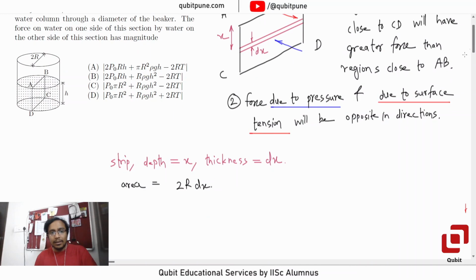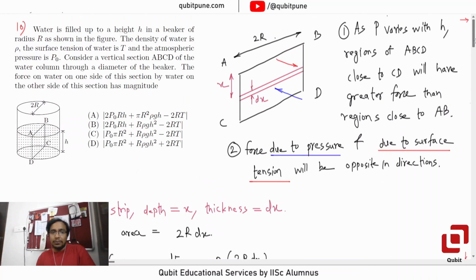Now what will be the force acting? This is an elementary force, in terms of the force acting on that particular segment. Let's call it df. This force will be pressure into area, so that will be 2 capital R dx into P. Now how can we calculate P?